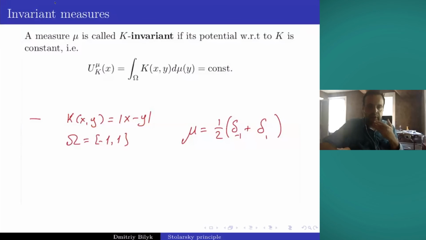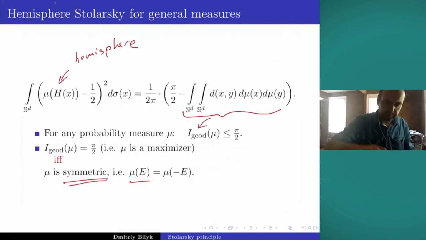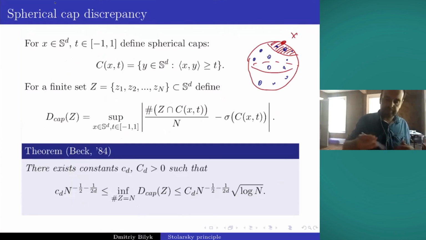Right. So let me go back to the definition of discrepancy, the Stolarsky principle. Here you're comparing the empirical measure to the uniform measure, right?